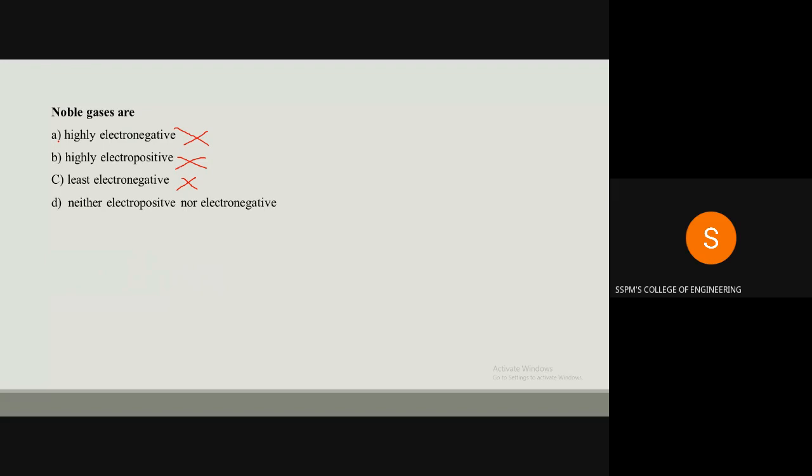That is why noble gases are called inert gases. Inert gas means neither electropositive nor electronegative.